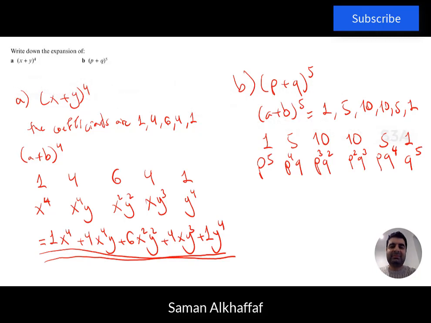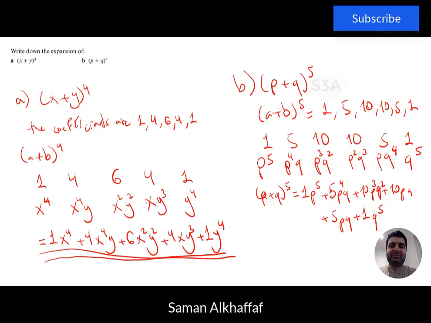So for us to represent this, p plus q to the power 5 would give us 1p to the power 5 plus 5pq plus 10pq plus 10pq plus 5pq, and then we will add the powers to them very shortly, plus 1q to the power 5. So we have p to the power 4 q, then p to the power 3 q to the power 2, p to the power 2 q to the power 3, p q to the power 4, and 1 q to the power 5.